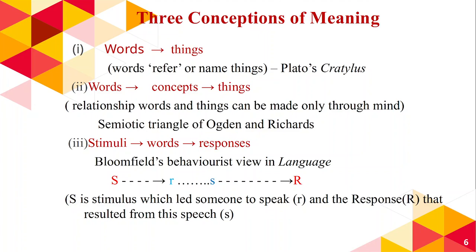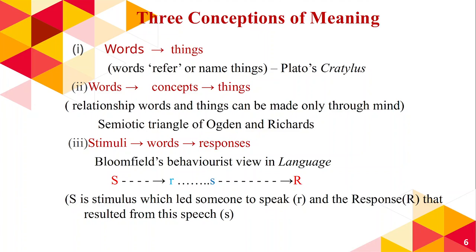Leonard Bloomfield, while he presented his famous book Language, in it he says, I quote, "Meaning is something that can be deduced solely from a study of the situation in which speech is used." So meaning is always with regard to the context. And he gives an equation that you can see here on the slide.